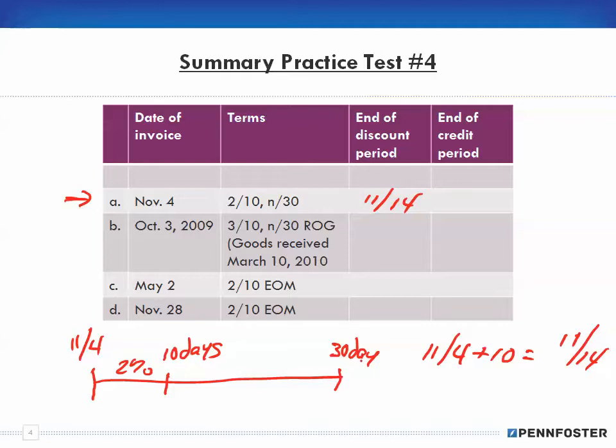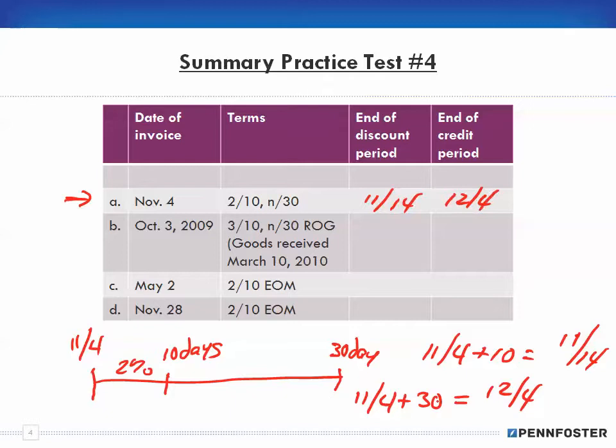Now, here you're going to have to be careful, because you need to know how many days are in November. Okay, if I have 11/4 and I add 30 days, that would take me to December 4th, which in this case is correct for the end of the credit period, right, 12/4.